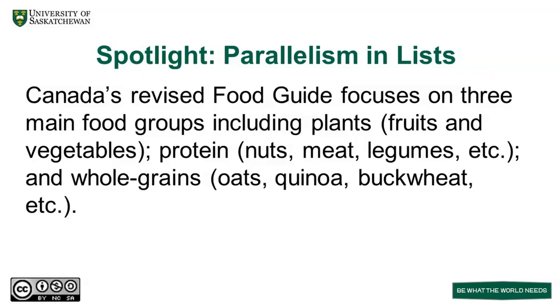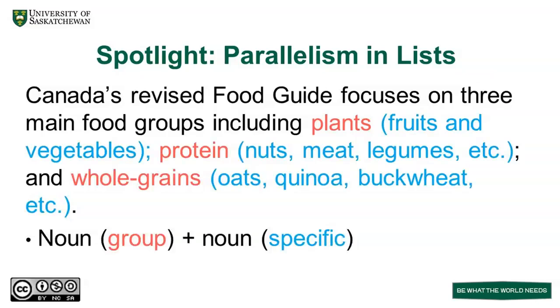So let's break it down a little bit. So basically what we've done is we've recognized, okay, what is sort of the organizing principle here? We have a noun in each part that's referring to a broader group, so the plants, the protein, the whole grains, and then we are elaborating on it via parentheses in order to provide some more detail.